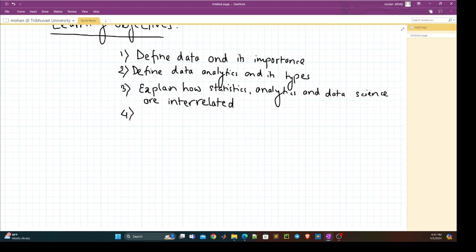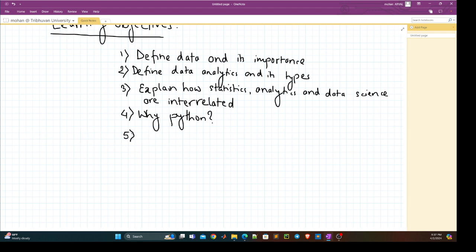And the fifth one is going to be why we specifically chose Python, right? You may have doubt regarding why we go with Python.